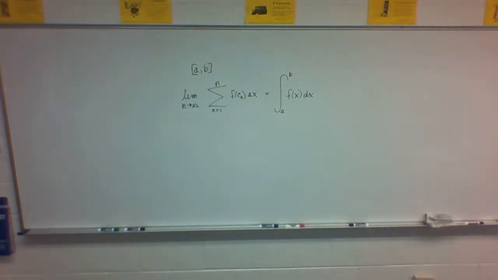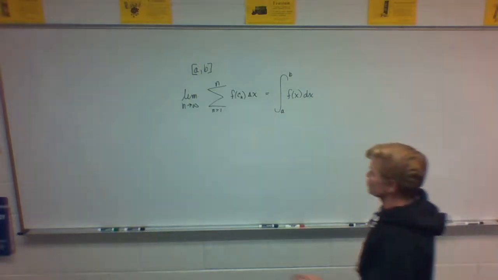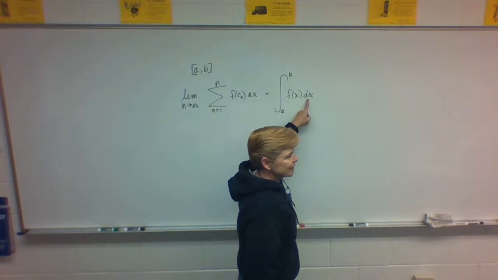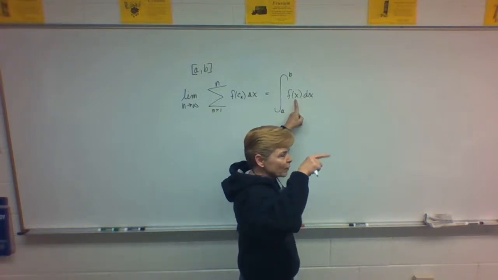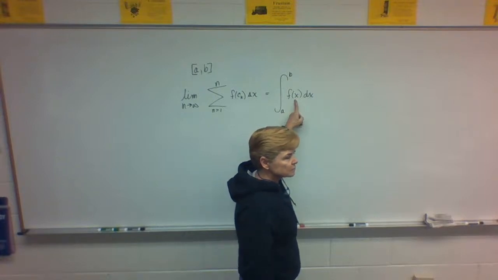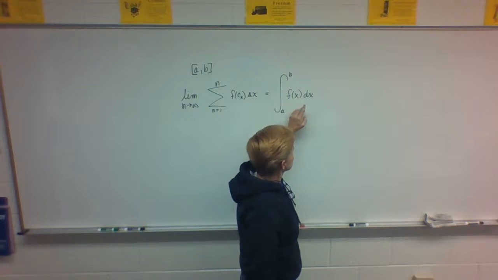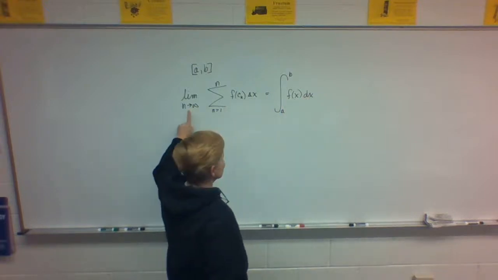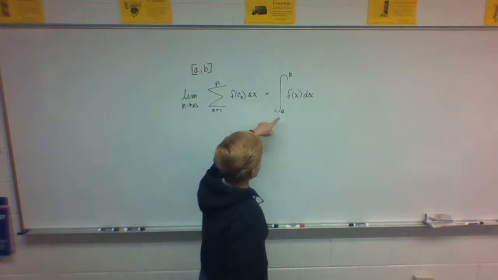Because in the limit, as the number of rectangles goes to infinity, the widths of them have become extra tiny, and the heights of them can be found anywhere on any point of the curve. And this is the curve. This is the height at any point you choose. So this is the height of a rectangle times its width in the limit from A to B.